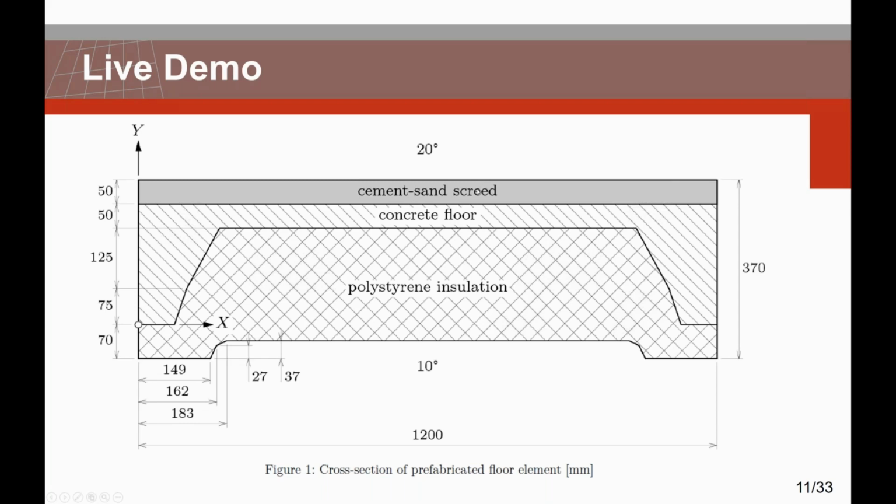And the aim of this live demo case is to determine the heat flow through this structure for a temperature difference of 10 degrees at the outer surface, because we have 10 degrees at the bottom and 20 at the top. And because of the symmetry of the model, we will only model half of this structure.